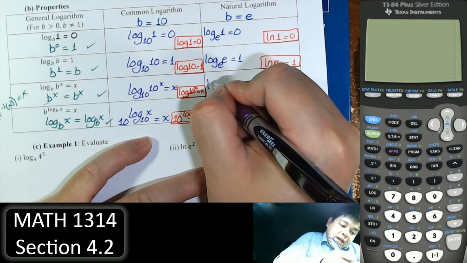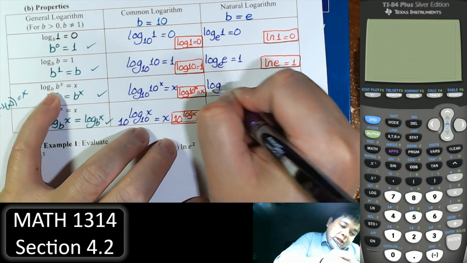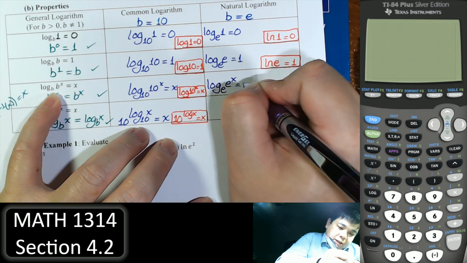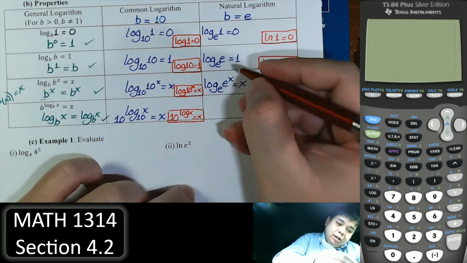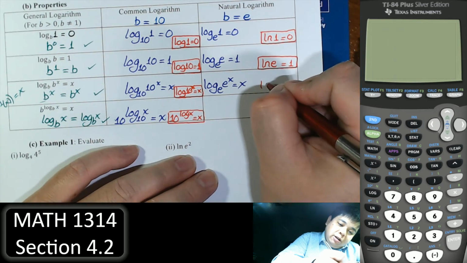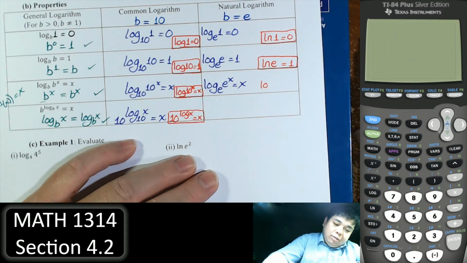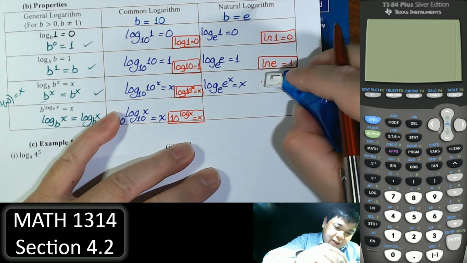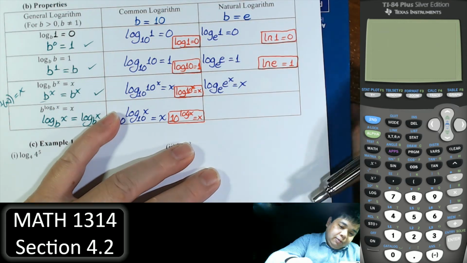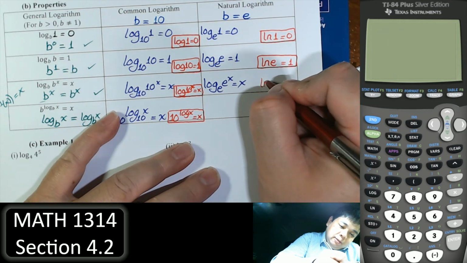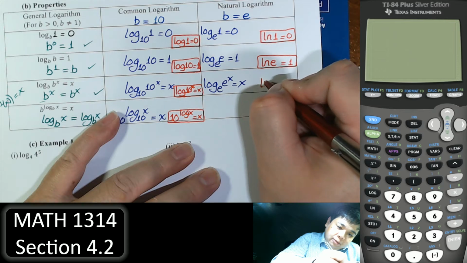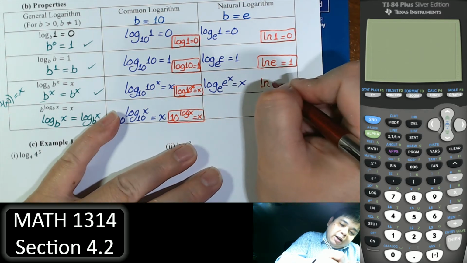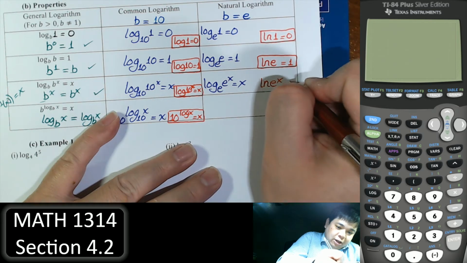Now replace e into b. So we have log, log base e, which is ln, of e to the x equal to x.